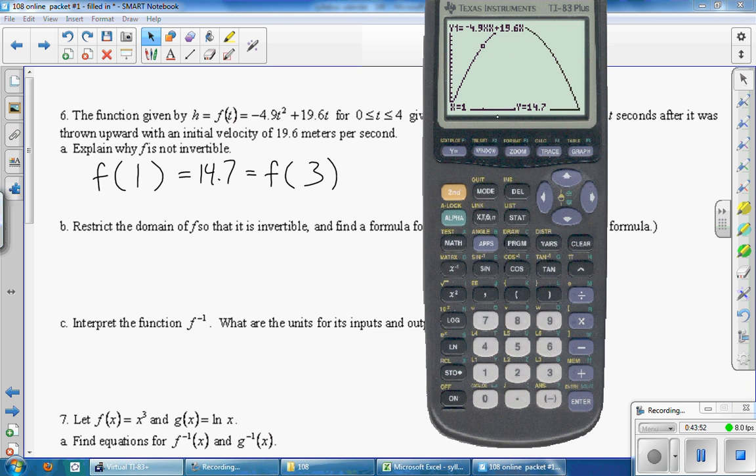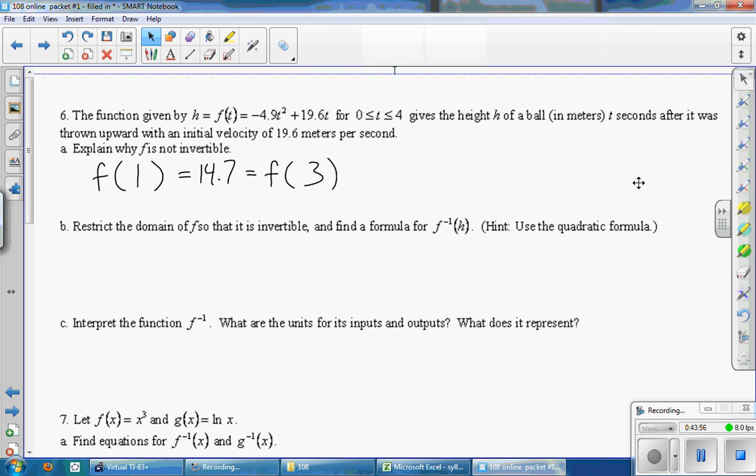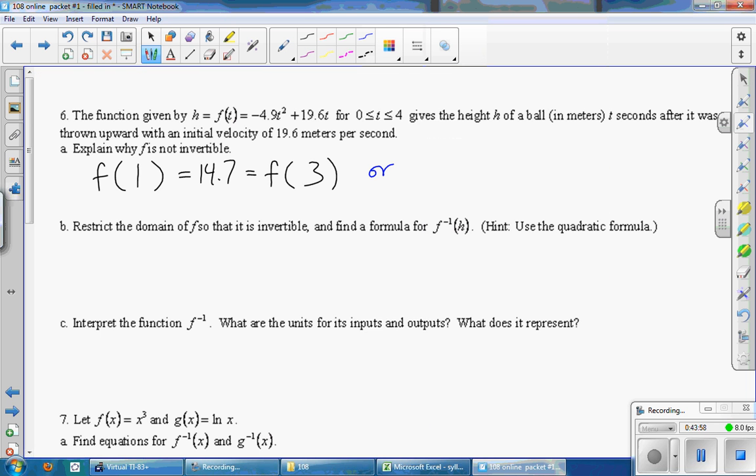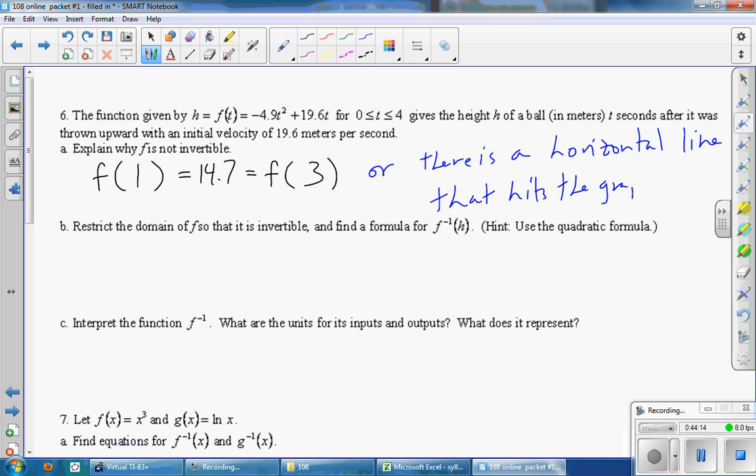It hits the graph at 1 and also hits the graph at 3, but there are many horizontal lines that hit the graph twice. This function fails the horizontal line test.